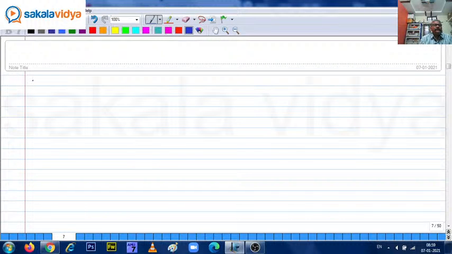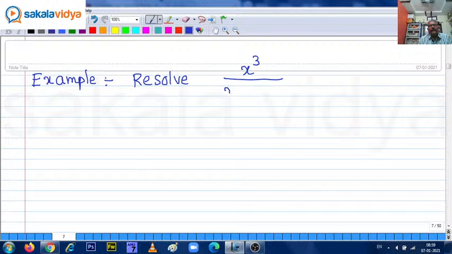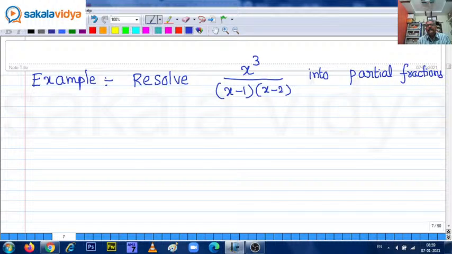Now example. Resolve x cube by x minus 1 into x minus 2 into partial fractions. Generally one may be tempted to write directly A upon x minus 1 and B upon x minus 2, then find the partial fractions.